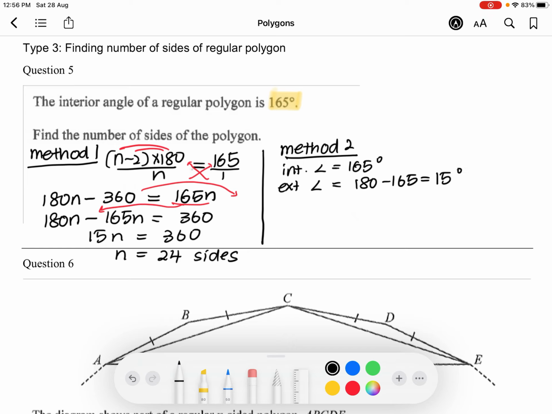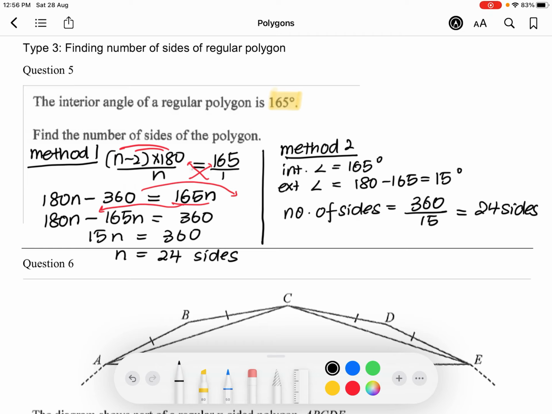Since the total exterior angle of a polygon is 360, the number of sides is simply 360 divided by 15, and that will still give me 24 sides.